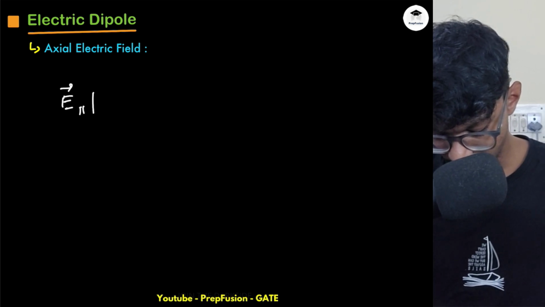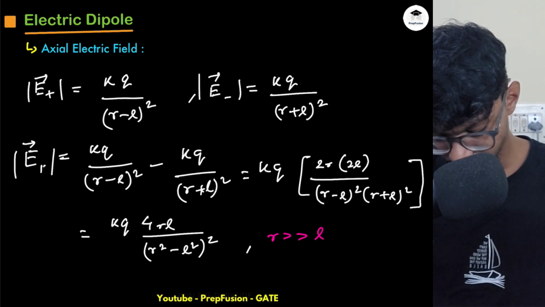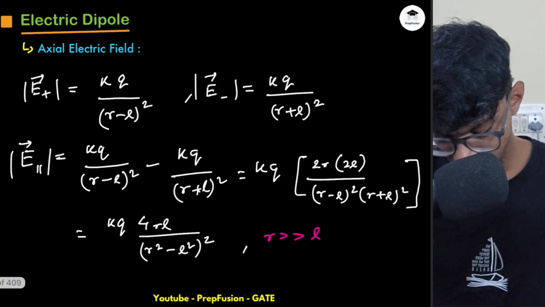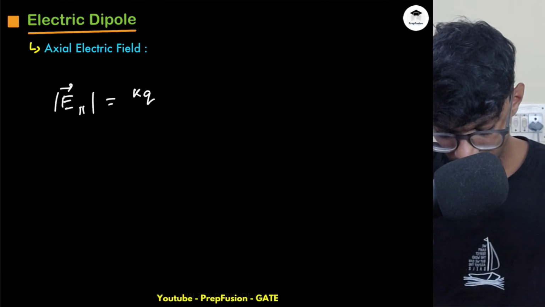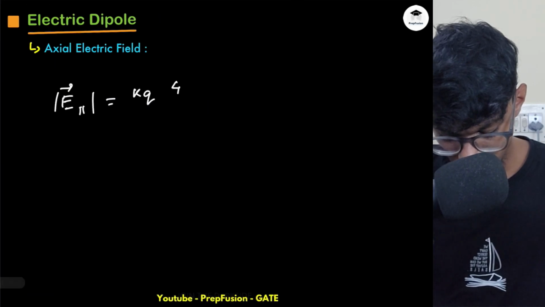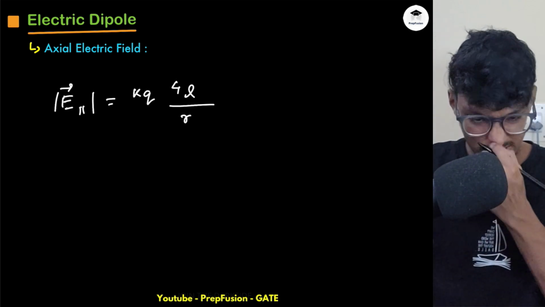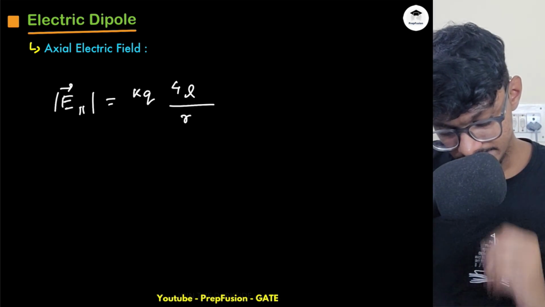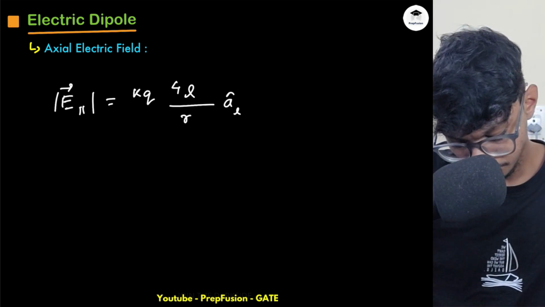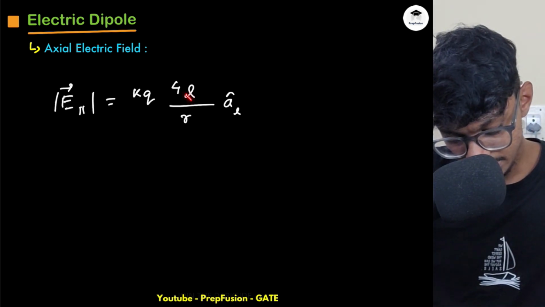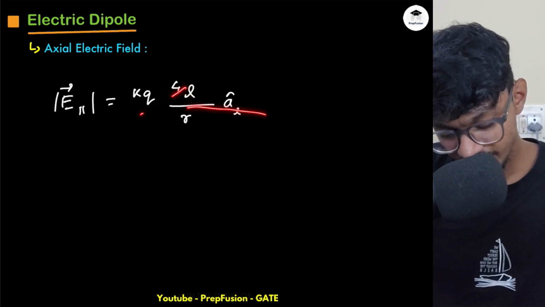The electric field in the parallel direction is equal to kq 4L divided by r cube. One interesting thing here is that this is AL cap. This L into AL cap is actually L vector, correct? And 2q into L vector is what?